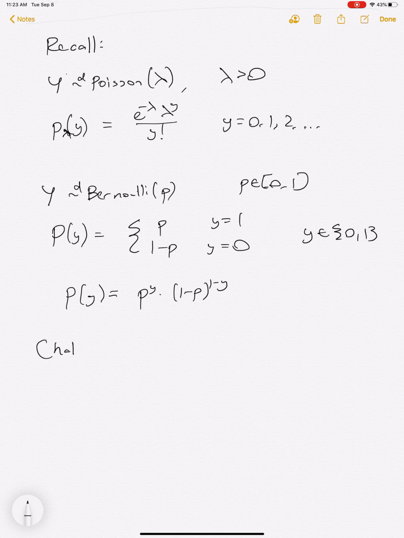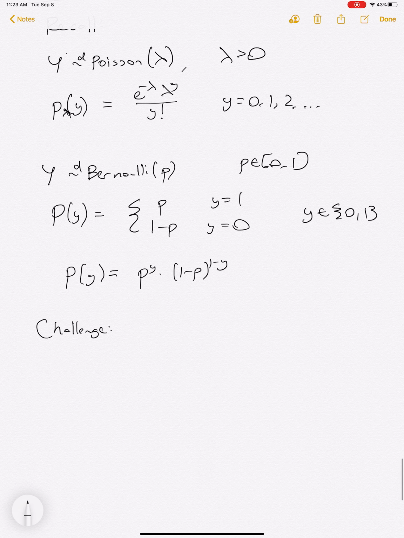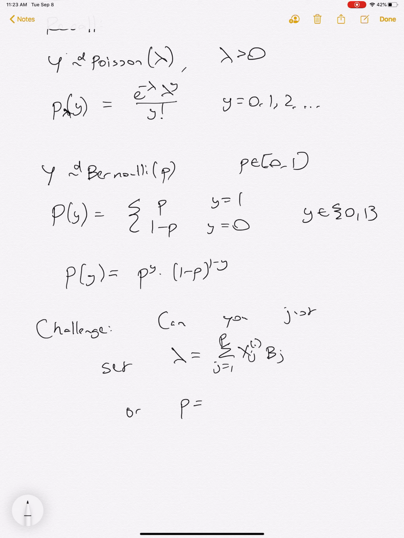So one of the challenges here is, can you just set lambda equal to, to make this consistent, use our covariate information? It's tempting to say, let's just let lambda equal to the sum over j equals 1 to p of x_ji times b_j, or p equal to the sum over j equals 1 to p of x_ji b_j.